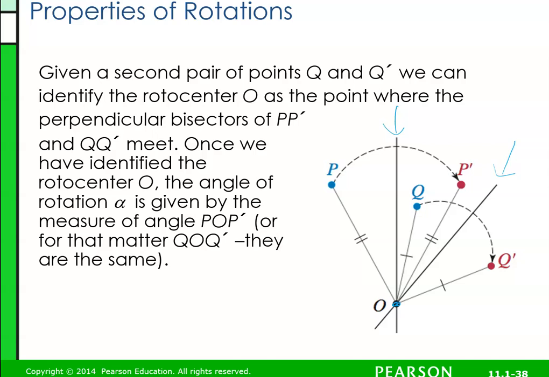Once we have identified the rotocenter O, the angle of rotation theta is given by the measure of angle P, O, P prime, which is here. Or you could also say Q, O, Q prime. So those should be equal.